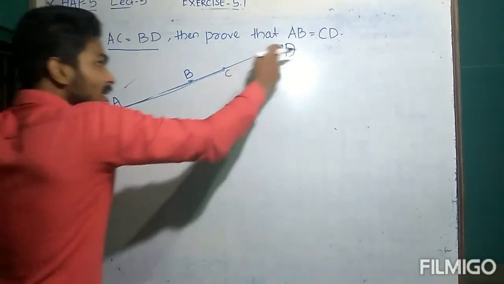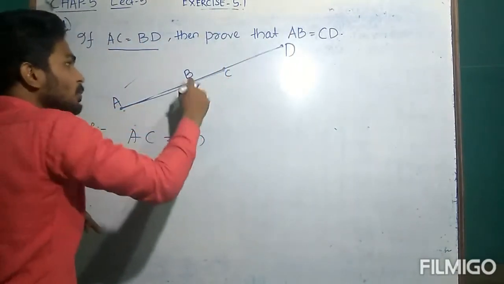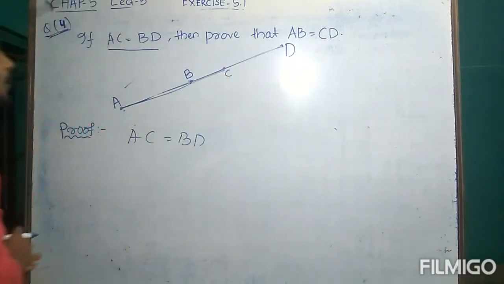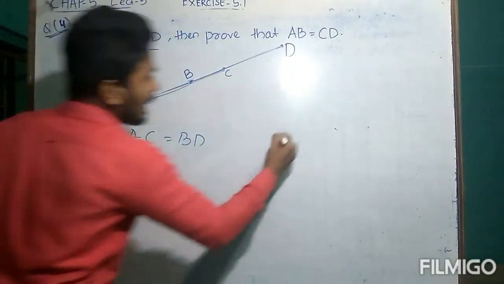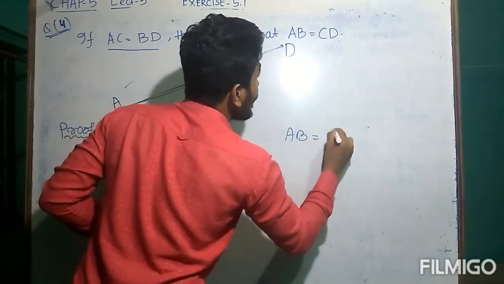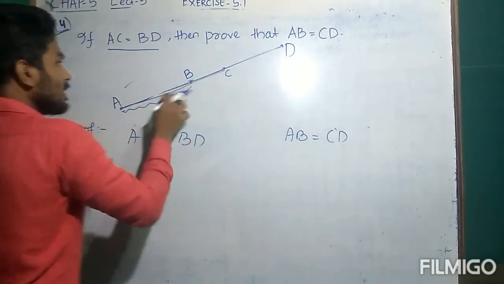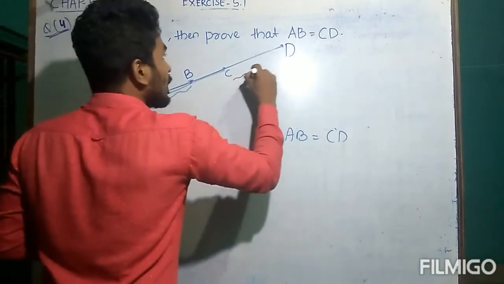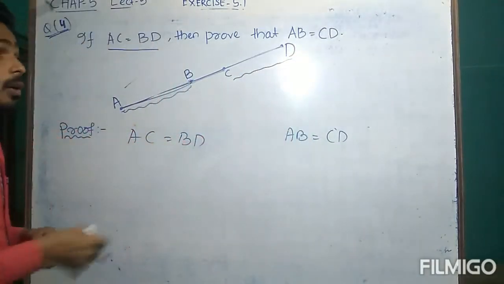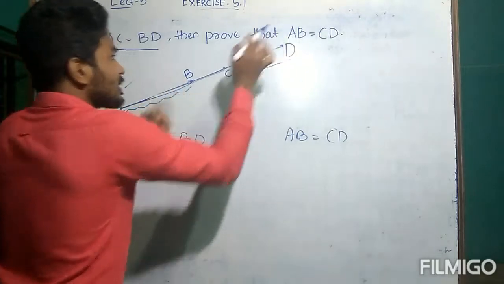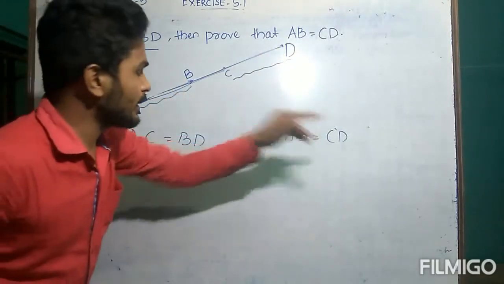Ultimately, AD is a line segment on which B and C are the two points. Understood? Now you have to prove AB is equal to CD. That is, this distance is equal to this distance. Already we have AC, this distance, equal to this distance.